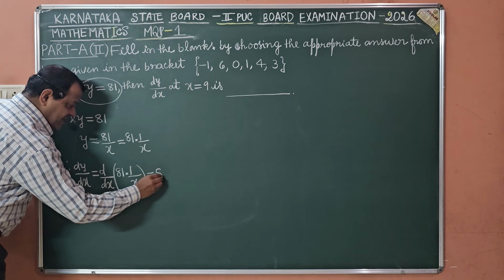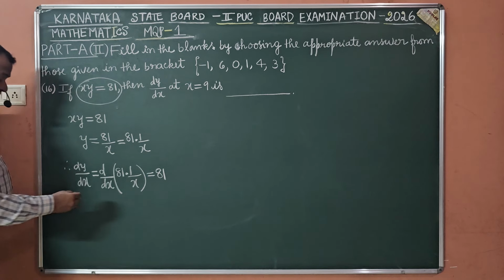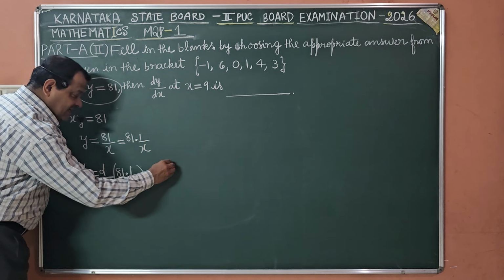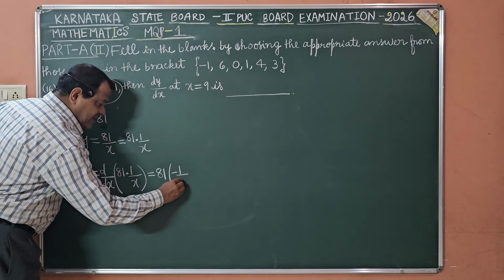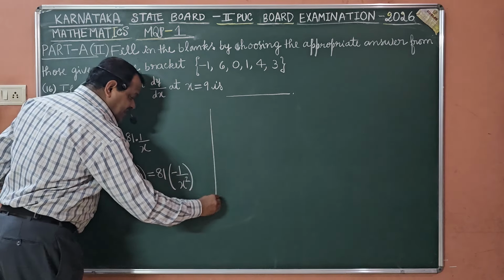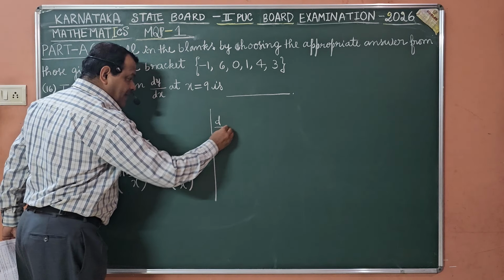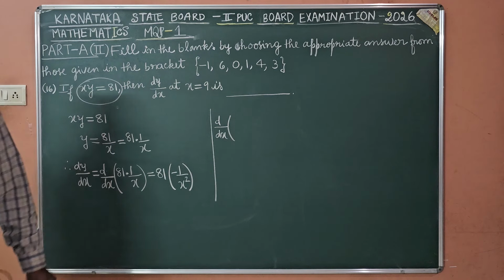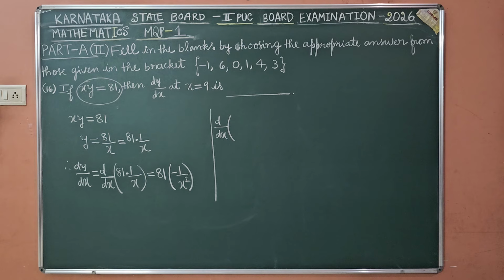81 constant remains as it is, and you know this as a formula, d by dx of 1 by x is minus 1 by x square. Therefore, in this exercise, the trick is, please remember, d by dx of 1 by x is equal to minus 1 by x square.